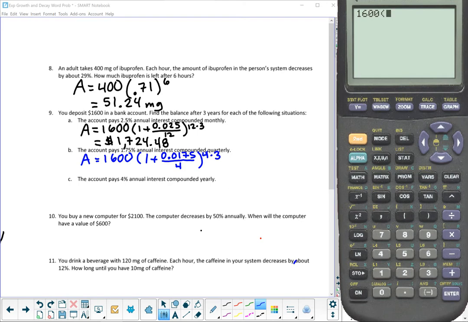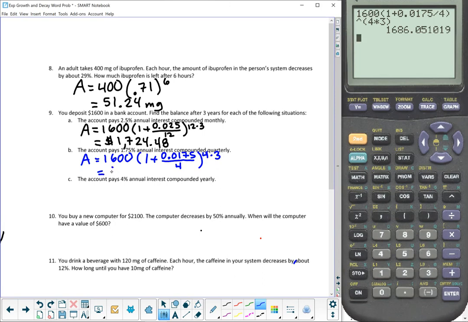Right, so 1,600 1 plus 0.0175 divided by 4. Close that parentheses, to the power of 4 times 3. Close that parentheses, which means you get, and you can see they're all going to be about the same amount, roughly the same amount. This comes out to be 1,686. So you didn't really make much.